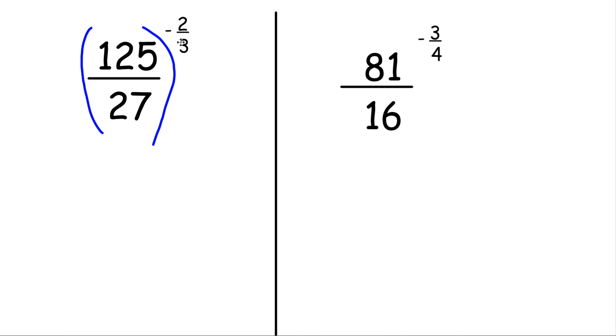Now if you have a fraction and you want to get rid of the negative, what happens is that the fraction actually swaps around. So you get 27 over 125. Okay, so this swaps around. So now it's become positive, so you can lose this negative. So just by swapping around, you've turned this into a positive.